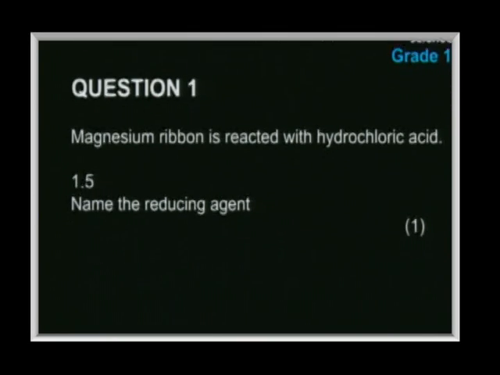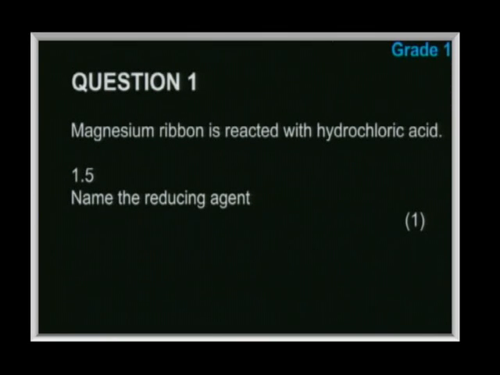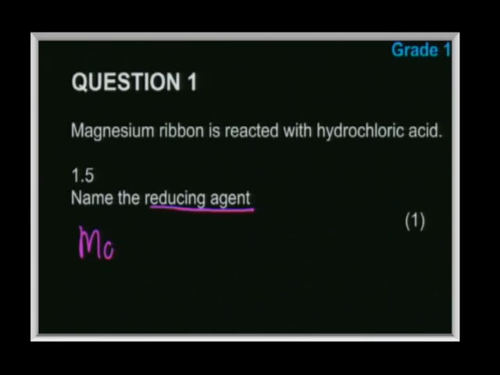Question 1.5, they want us to name the reducing agent. Remember right in the beginning when I started talking about oxidizing agents and reducing agents, I said that the reducing agent would be the one that undergoes oxidation itself. So if I look at the two elements that I had, which one underwent oxidation? Of course, the one that I find in my oxidation half reaction. So my reducing agent in this case would be my magnesium over here.